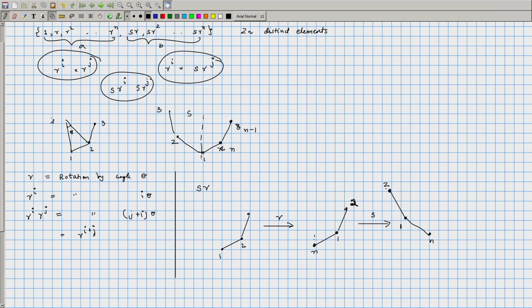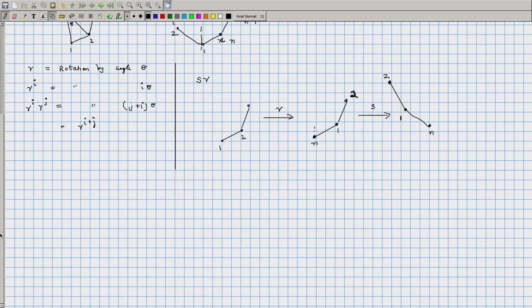So, fixing 1 and 2, all the other positions get automatically fixed. Now, can we view this SR as some other expression? I claim that SR is equal to R inverse S. That means first you flip and then you do a reverse rotate.